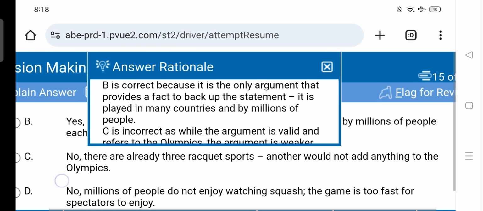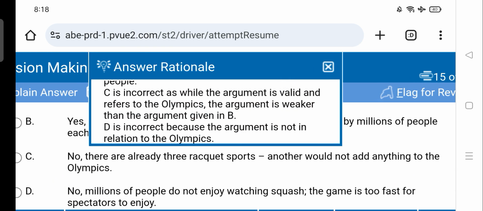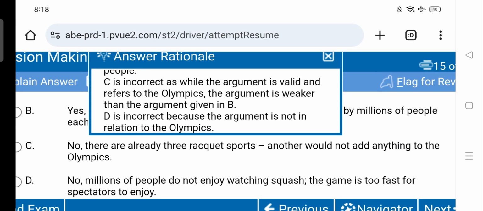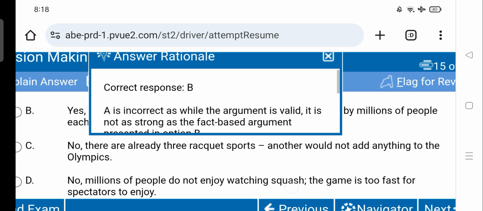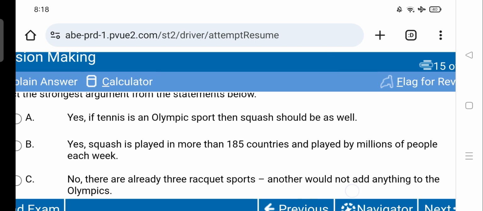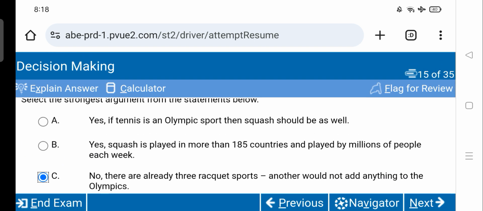C is incorrect, as while the argument is valid and refers to the Olympics, the argument is weaker than the argument given in B. Option D is incorrect because the argument is not in relation to the Olympics. So the correct option is option B, which says yes, squash is played in more than 185 countries and played by millions of people each week.